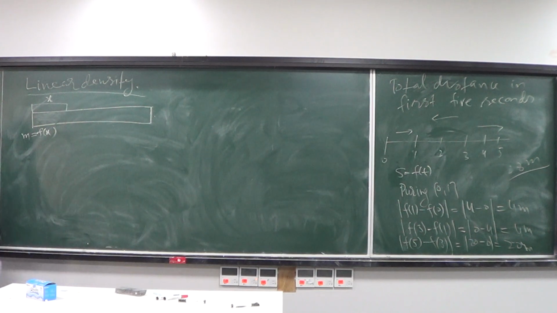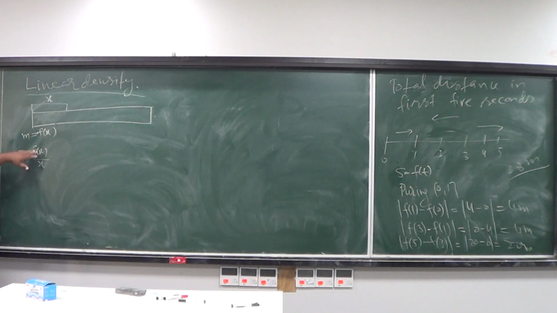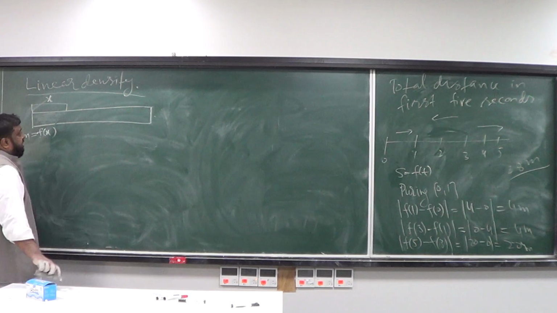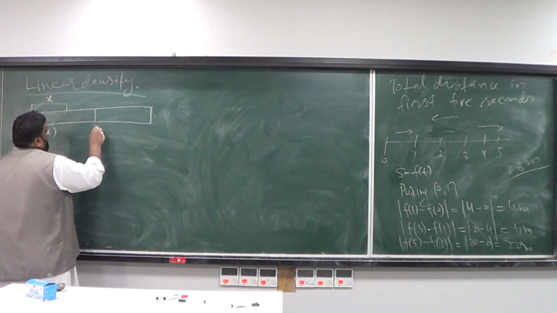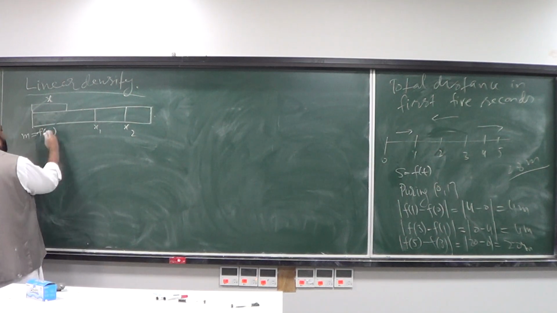So obviously, the density of this is going to be f of x divided by x, the mass divided by the length of the rod. But I am interested in what it would be if you give me two concrete points, say x1 and x2. So this was an abstract length and abstract mass.